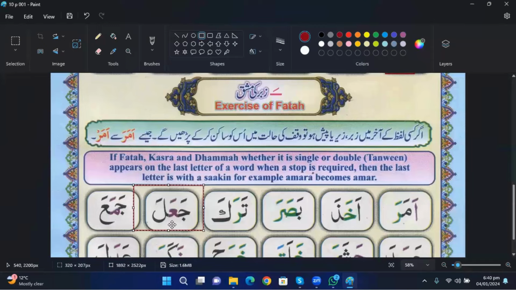Again, we will write the same word in the third box, Hamza Fatha A. You can ask your student, what should I write here? It's Mim, Mim Fatha Ma. Then the next one is Ra Fatha Ra, Amara. Then, for example, there is the letter Ha Fatha Ha, Sin Fatha Sa, Hasa, Dal Fatha Da, Hasada.